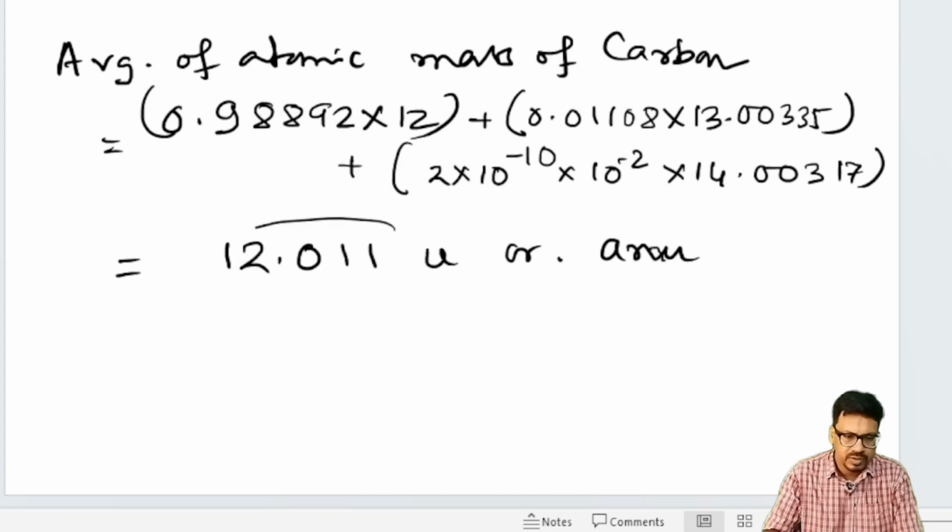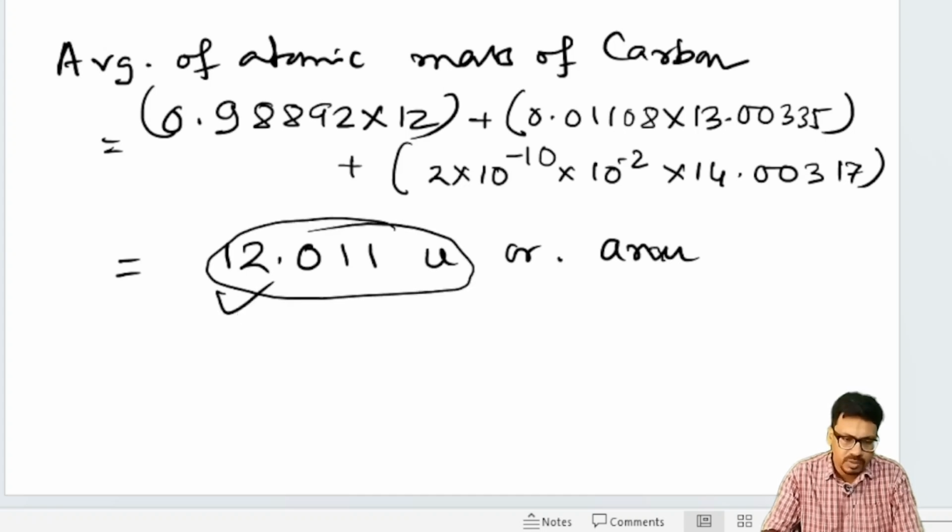Okay, so this is the average atomic mass of carbon.